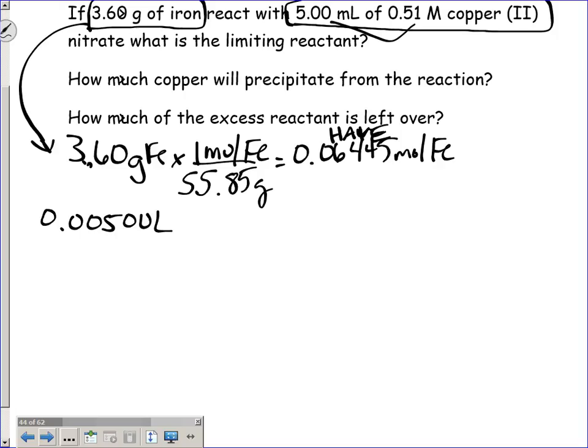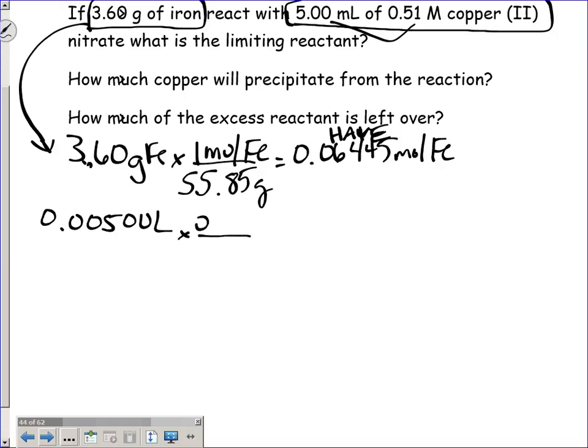I'm doing a separate step. I have my moles of iron, and that step is half the first step. How do I get to moles? Rishi. So here we go. That's the big mistake, right? Liters of gases are 22.4 liters. This is not a gas. This is a solution. Solution concentration gets me to moles. This is M times V. Big M times V. This is my V, my liters.